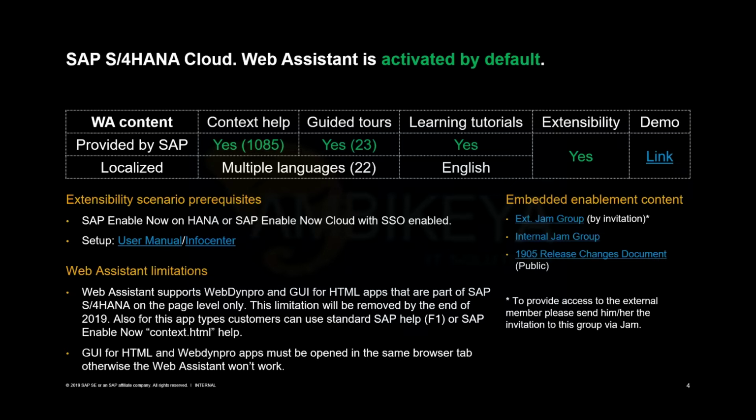Of course, they're able to see all of the standard content for free, but if they want to edit or modify that content or create their own content, that's when the Enable Now license would be required. S/4HANA Cloud requires the least amount of hand-holding. It is set up by default, and each quarter that is automatically upgraded.